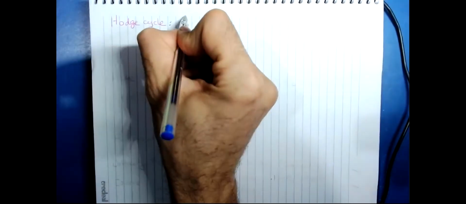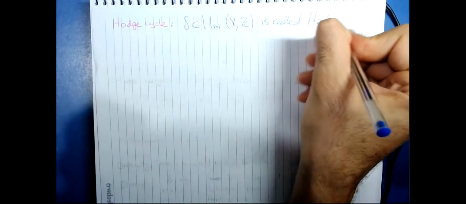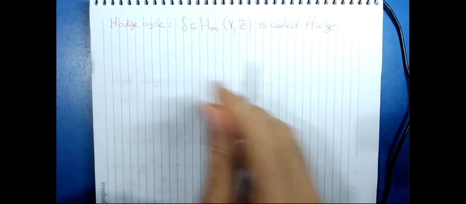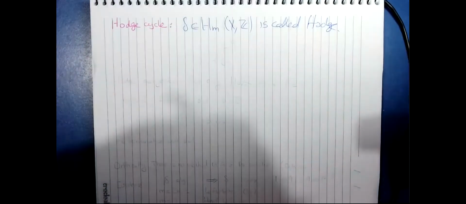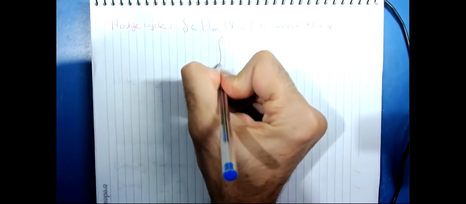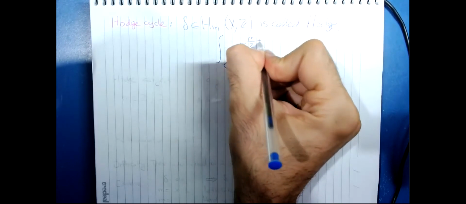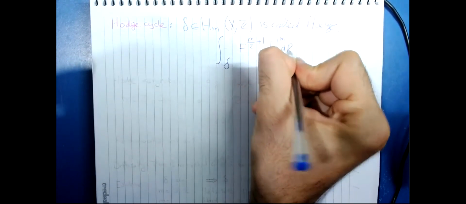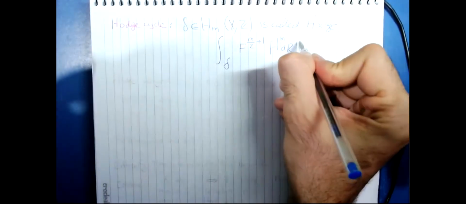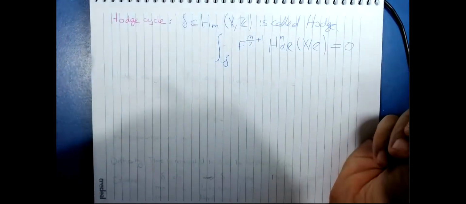Okay, so finally we reach the definition of a Hodge cycle. So delta in the homology group H_m(X, Z) is called Hodge if, when we integrate over delta all the elements of this piece of the Hodge filtration, we get 0.